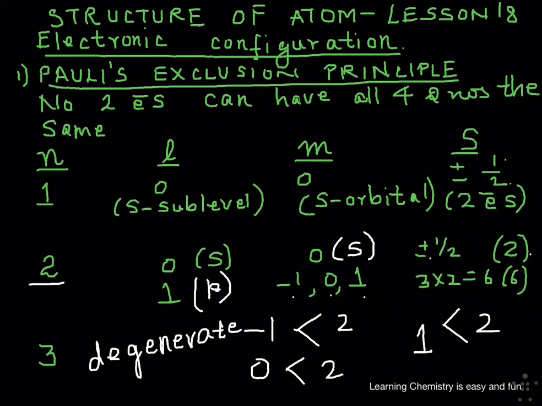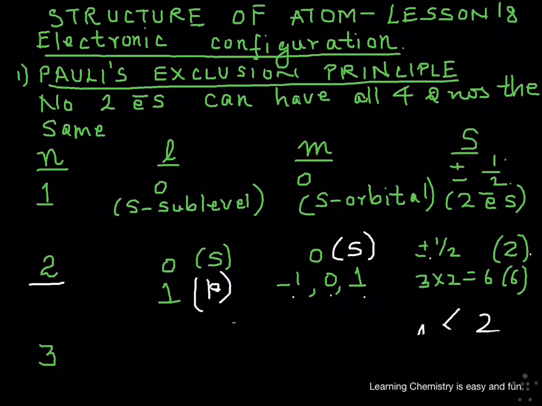Would you like to try D yourself first? That means when I am talking about n equals 3, go ahead and give it a try. So, what all sublevels will be there in n equals 3, that means in the third energy level? If you notice over here, the first energy level had only 1 sublevel, the second energy level had 2 sublevels.